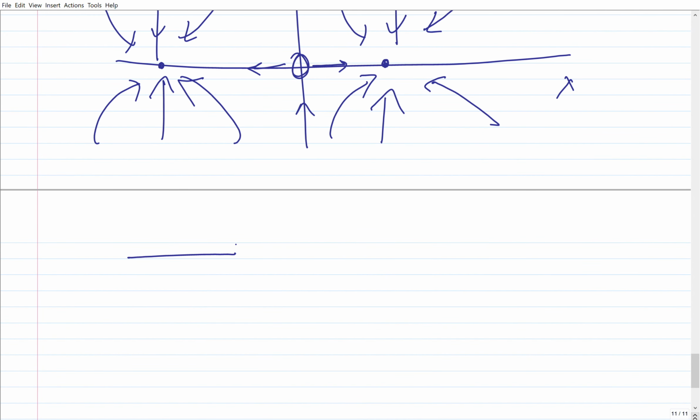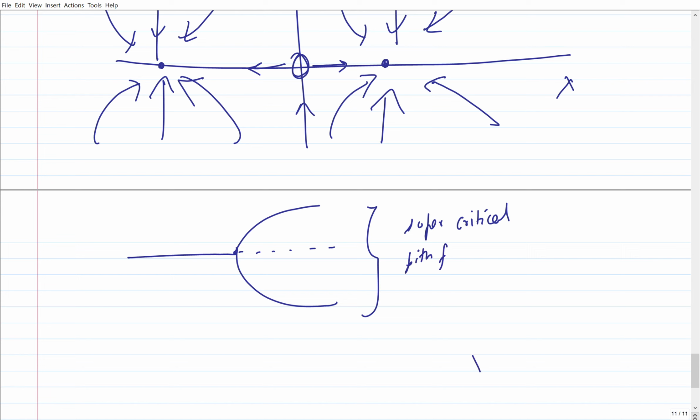This was a stable point, bond to stable, and this guy loses its stability, and this is an example of a supercritical pitchfork bifurcation.